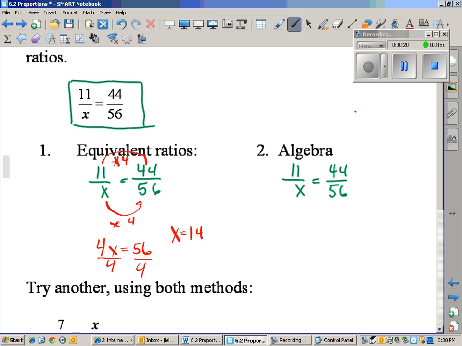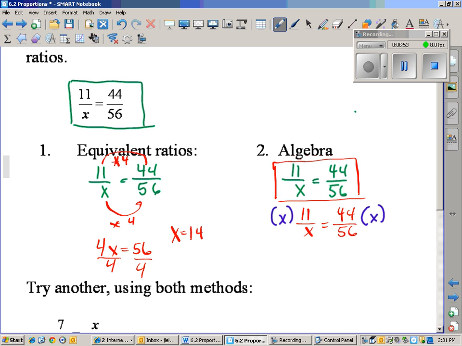Using algebra, we're going to box her up. This one's a little different because the x is actually in the denominator. This is kind of weird. To solve it algebraically, we need the x up in the numerator. So the first thing we're going to do is not multiply or divide both sides by the 11, but we're actually going to multiply both sides by the x itself.